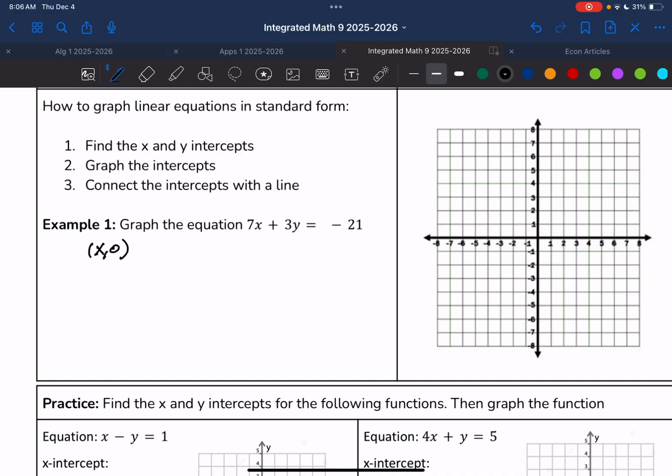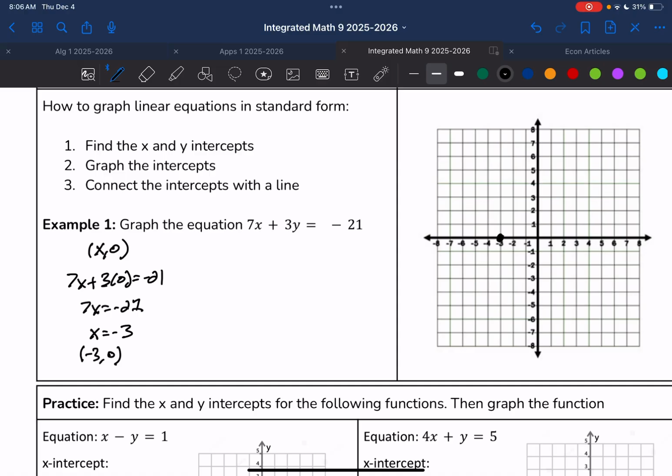I'll first set y equal to 0 to find the x-intercept. So that means 7x plus 3 times 0 is equal to -21, meaning 7x is equal to -21, meaning x is equal to -3, meaning that my x-intercept is located at -3, 0.